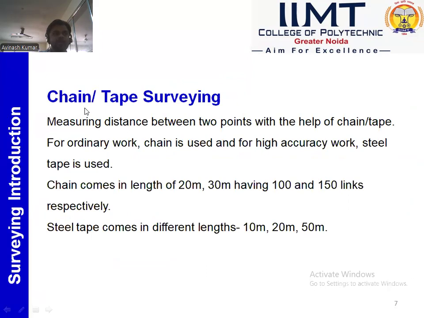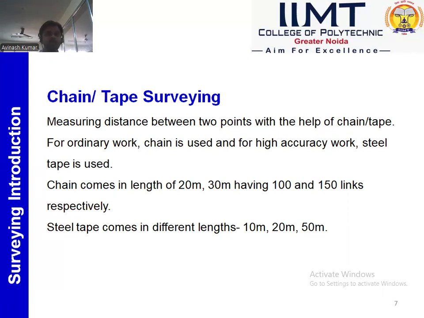Now chain surveying. Chain surveying is used for measuring the horizontal distance between 2 points. When there is ordinary work, meaning great accuracy is not required, then a chain is used. But when accuracy is required, then steel tape is required. Steel tape shows very little variation with temperature change. Suppose the temperature changes, then the length of the chain also changes.